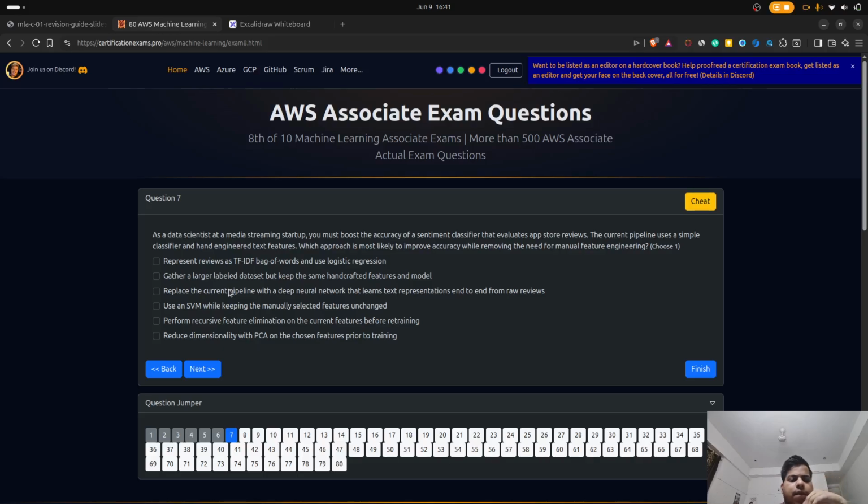My guess would be to replace the current pipeline to improve accuracy, gather a labeled dataset that gives the same handcrafted features and model.